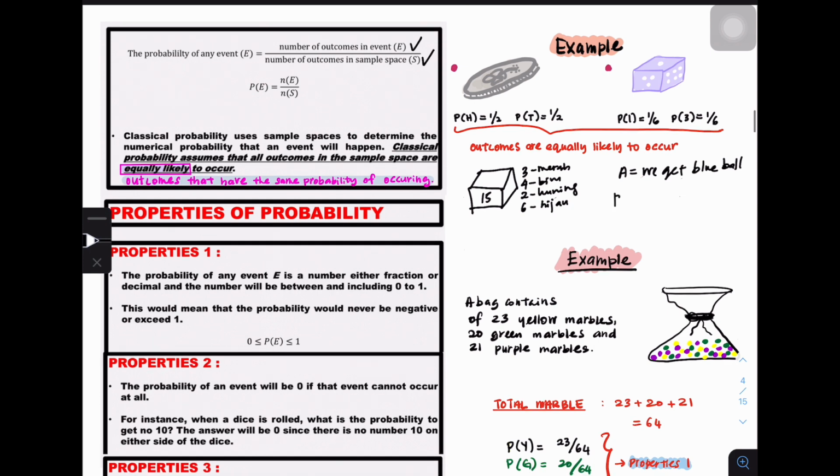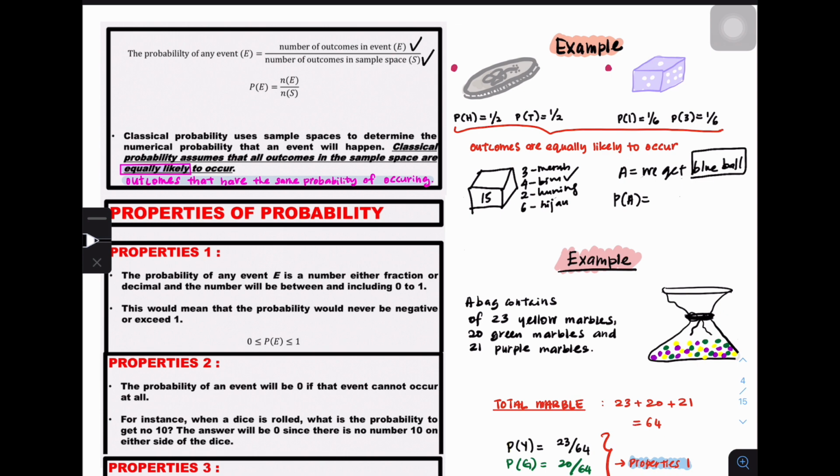Maksudnya kita nak cari apa dia probability of event A. So kita nak cari kebarangkalian kita akan dapat bola warna biru bila kita ambil satu bola daripada kotak ni. Okay, so formula dia is number of outcomes in event A. So event A adalah get blue ball. Berapa number of possible outcomes? 4. Kenapa 4? Sebab kita ada 4 bola biru yang berbeza.